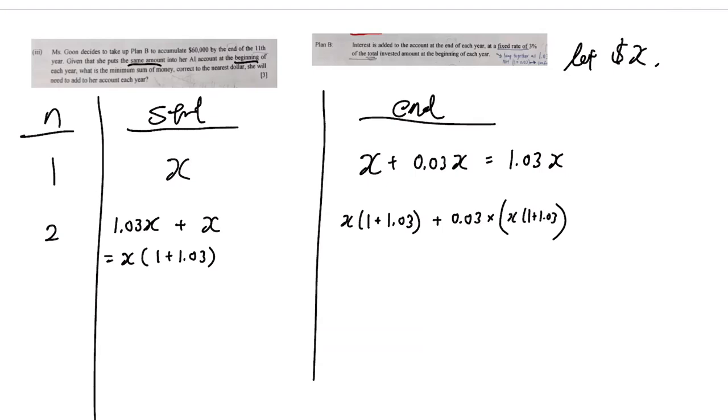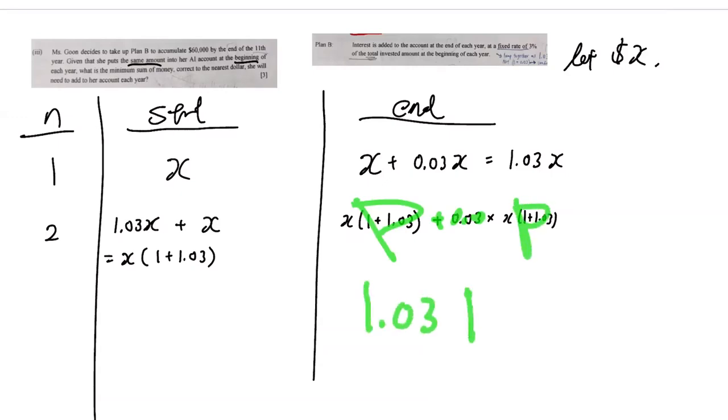Is that okay? Yeah. Actually, I don't need that pair of brackets. Now, what you realize is that if you call this P, this will be P plus 0.03 times P, which is actually just 1 plus 0.03, which is 1.03P. Is that clear?